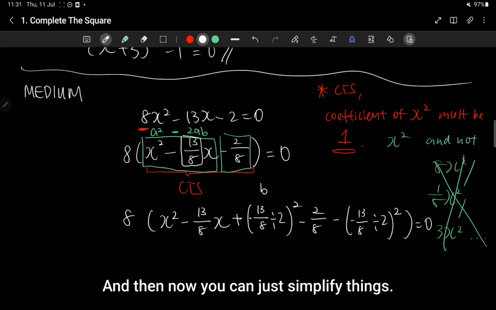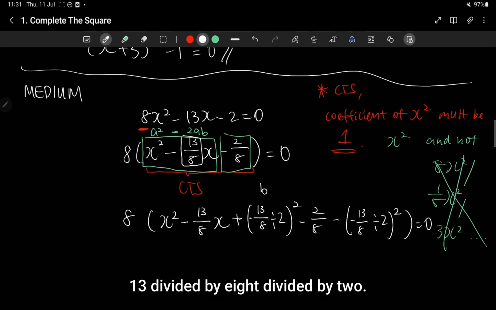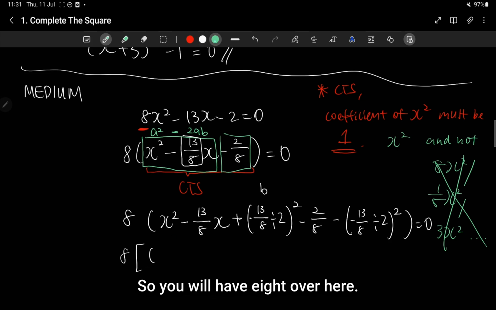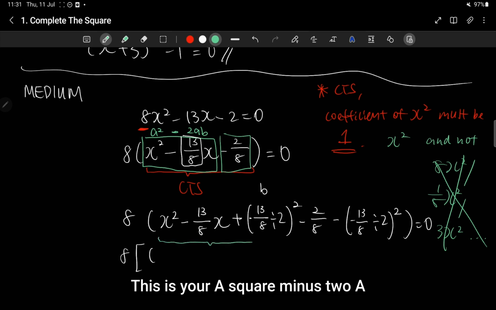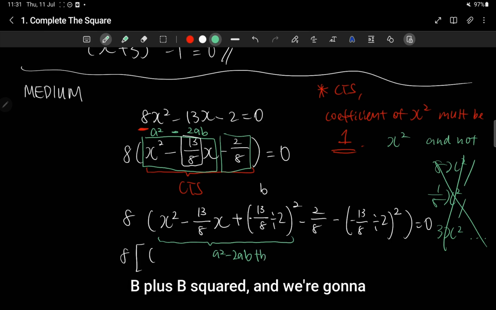And then now you can just simplify things. 13 divided by 8 divided by 2. So you will have 8 over here, this is your a squared minus 2ab plus b squared. And we're going to change it to a minus b squared.